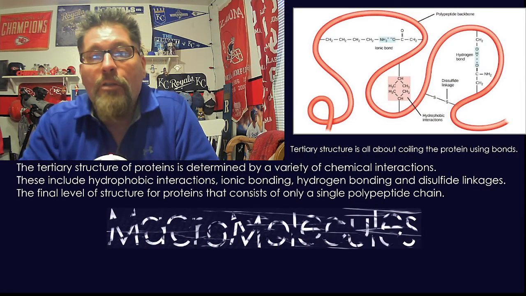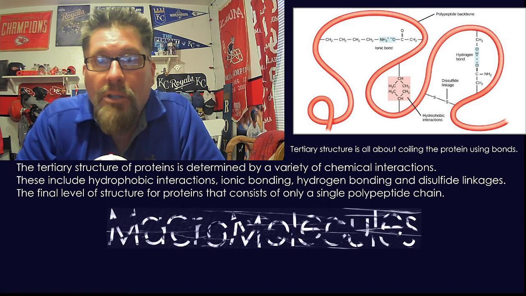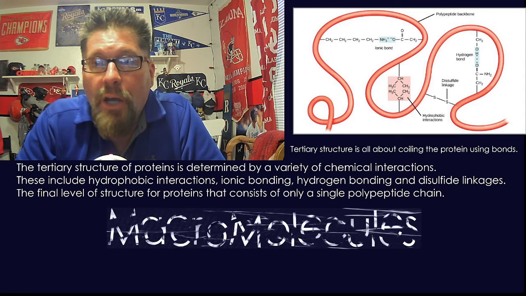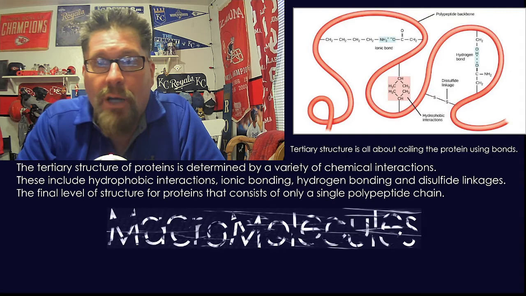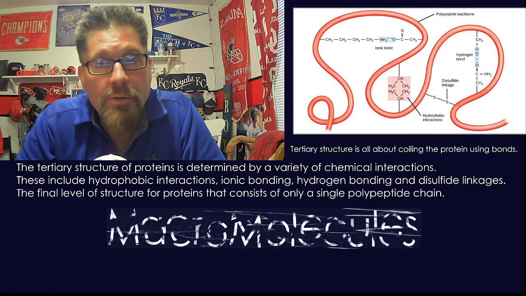The third structure of folding a protein, called the tertiary structure, is in a way, now that you've got them folded down and condensed, now we're going to take that molecule and begin to coil it onto itself using bonds and connection points like that. The way to think about this is think about a garden hose.